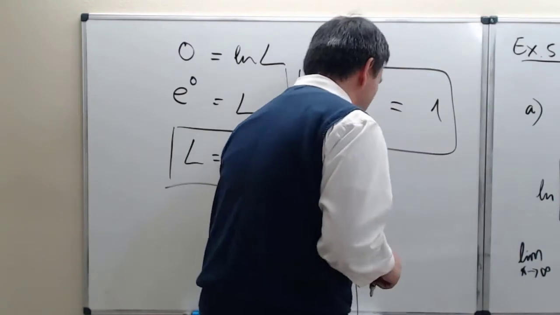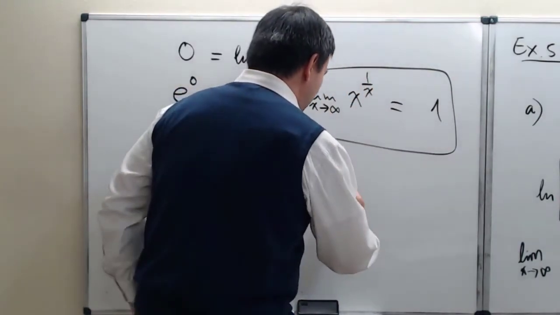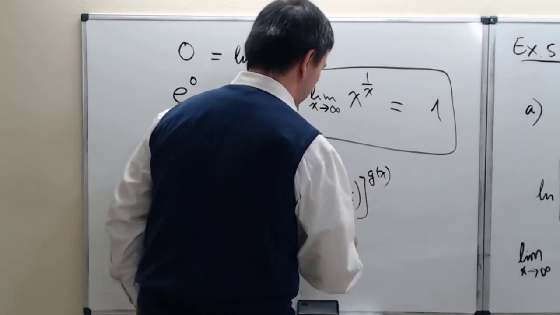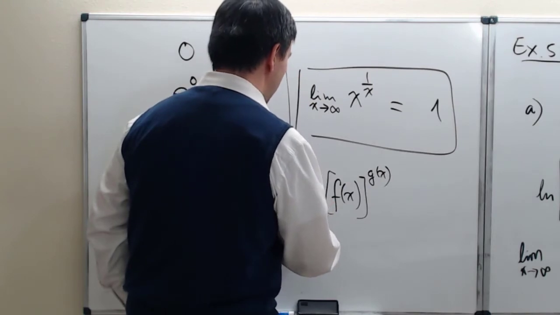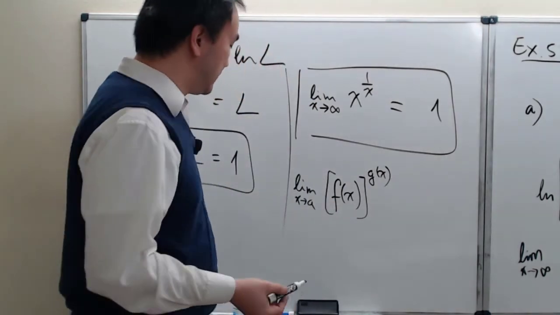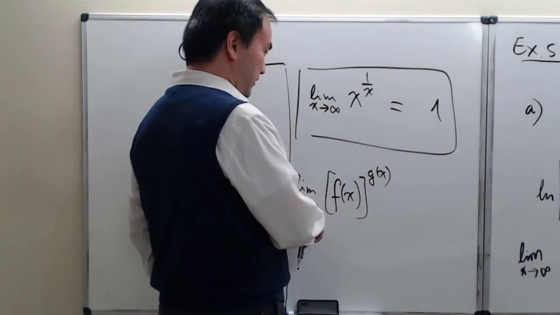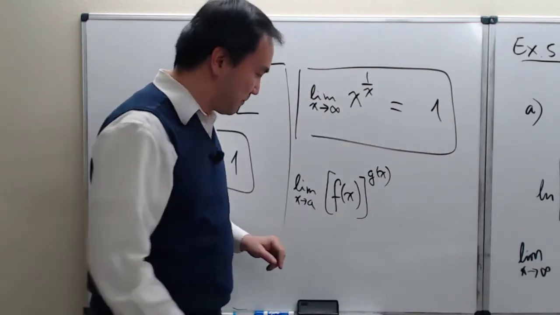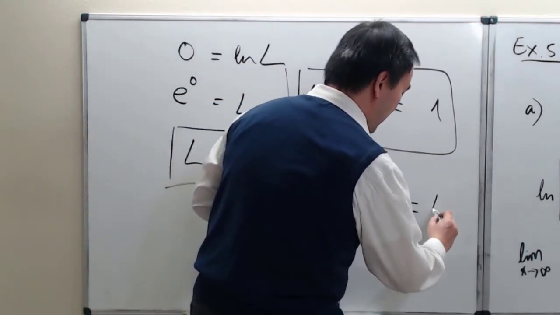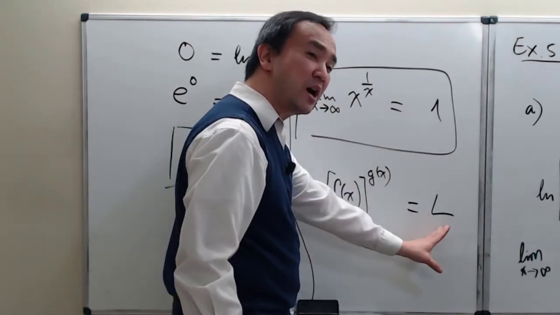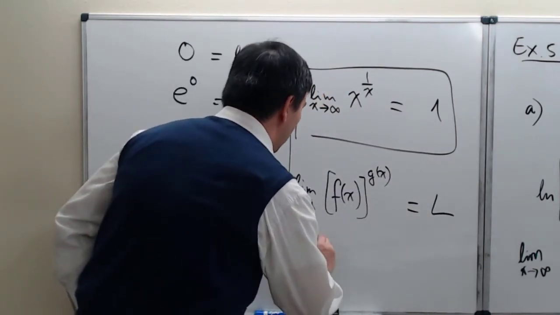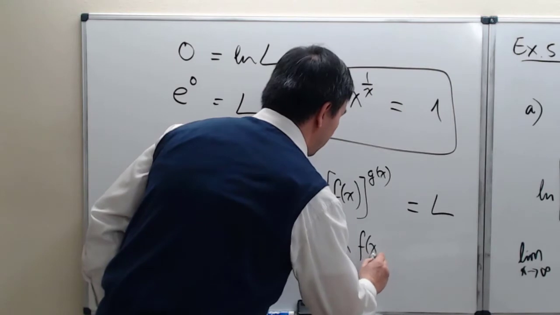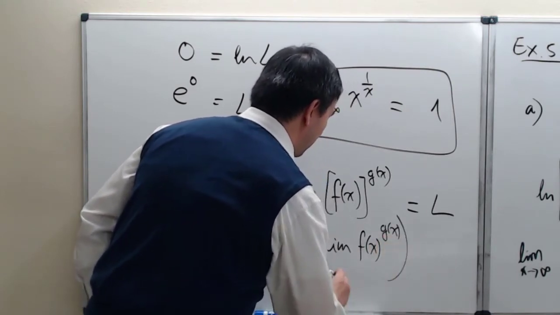The generality of this technique I want to point out is that when you have a function f of x raised to the power of another function g of x and you're asked to find a limit, it could be a limit to a point A, doesn't always have to be to infinity. But this setup brings you into one of the indeterminate forms. Then you start by thinking, if that limit turns out to be a value L, we take the natural log of both sides: the natural log of the limit of f of x raised to the g of x on the left-hand side, and the natural log of L on the right-hand side.